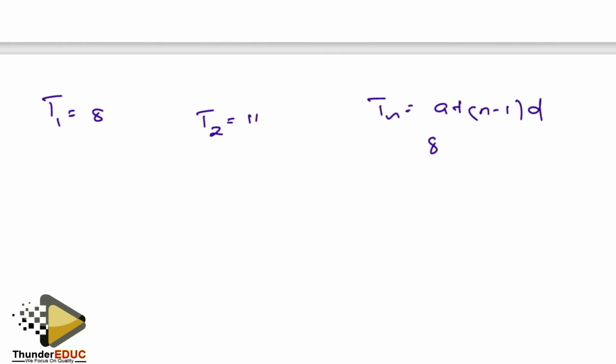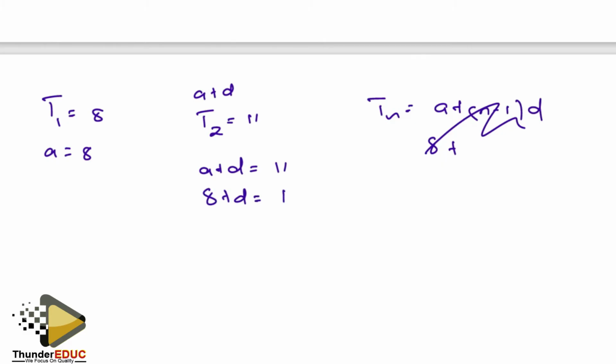A is 8. We know that T2 is the same as a plus d. So a plus d is equal to 11, whereby our a is 8.